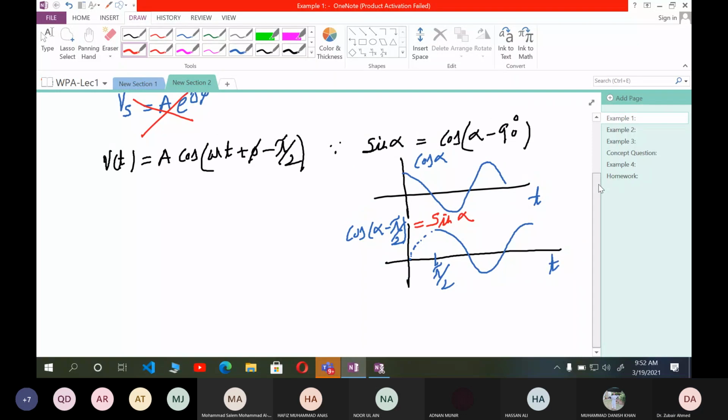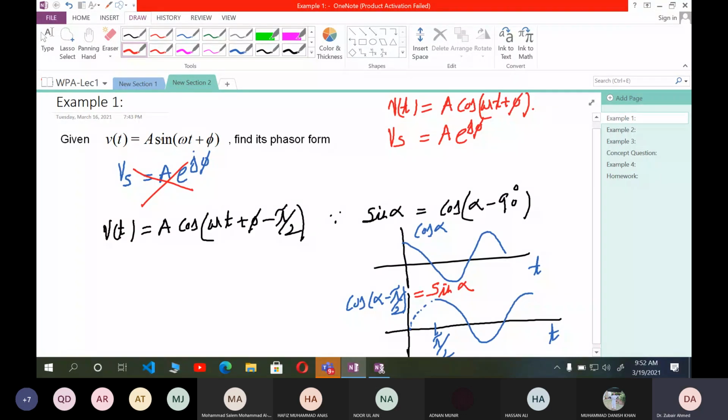So the first step was to convert this sine omega t plus phi in terms of cosine. All we have to do is subtract pi by 2 from the argument of this cosine signal. Then the whole graph will be shifted right and it will become the sine signal. Now we can write the phasor form. The phasor V of S has the amplitude A and the phase.